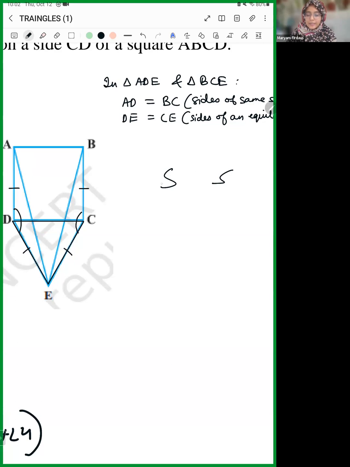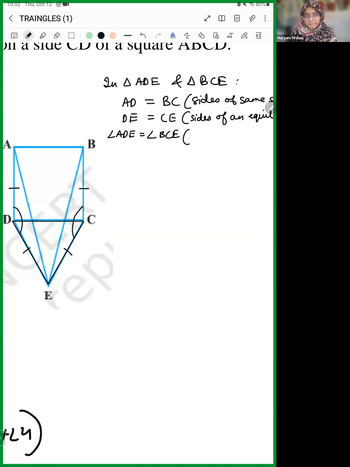Now the angle between them, if you focus on it, angle ADE is equal to angle BCE. Why is it equal? Can someone tell me? How is this angle equal to this angle?